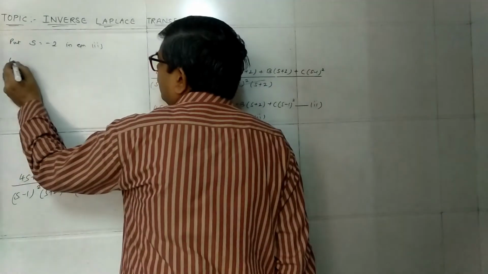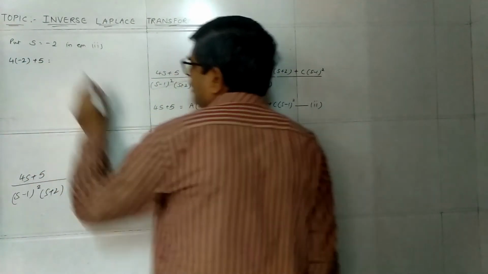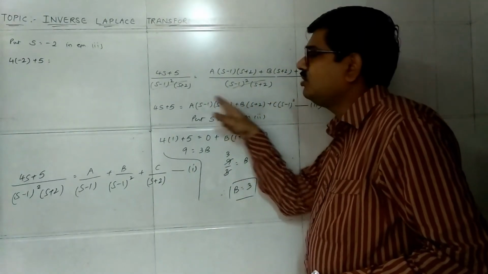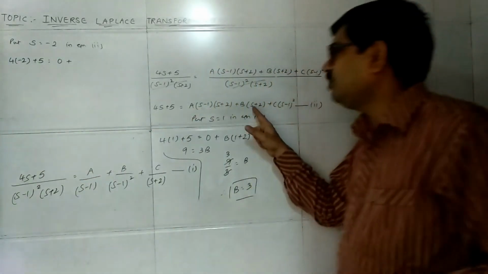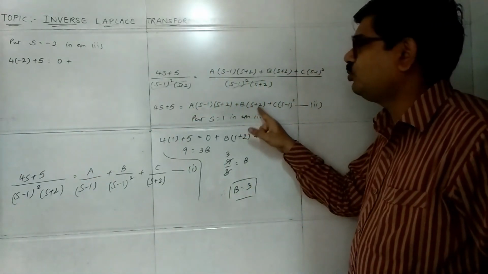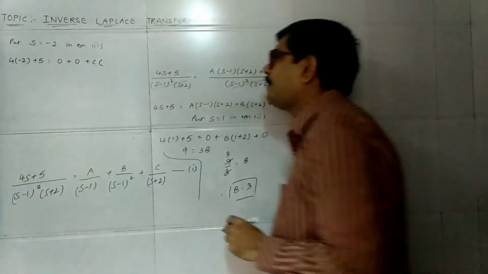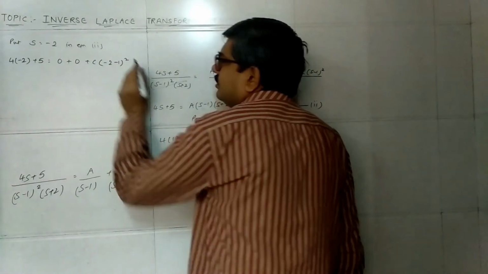So 4 into minus 2 plus 5 is equal to, if we put minus 2 here, minus 2 plus 2 will become 0. This entire thing will become 0. Same here, if we put s equal to minus 2 plus 2, 0, this will also become 0. Plus c into minus 2 minus 1 whole bracket square. Okay.